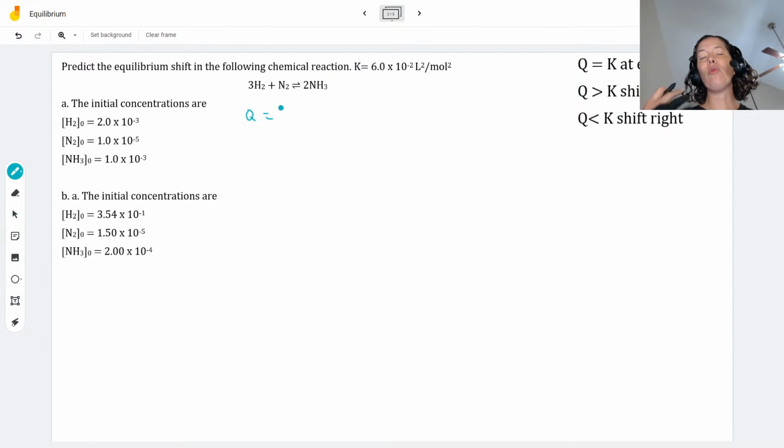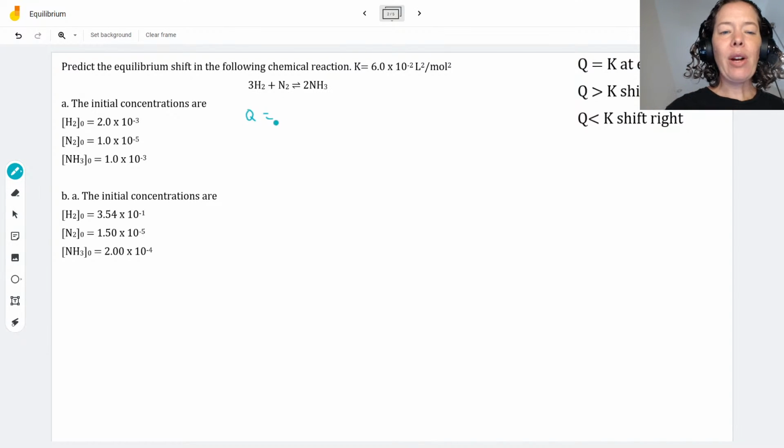Now when you write your expression for Q, it's exactly the same as for K, except you're putting in initial concentrations. So it's still products over reactants. All right, so Q for my reaction here is going to be my initial concentration of ammonia squared.